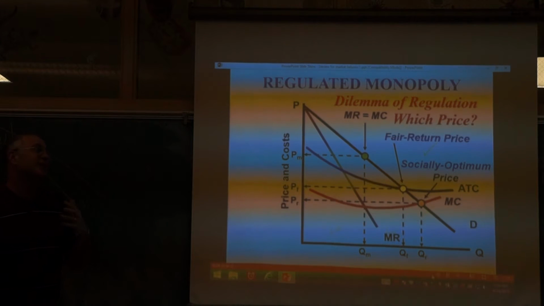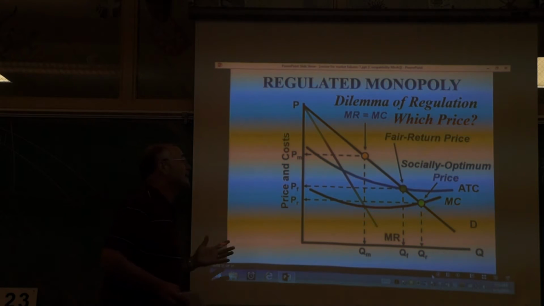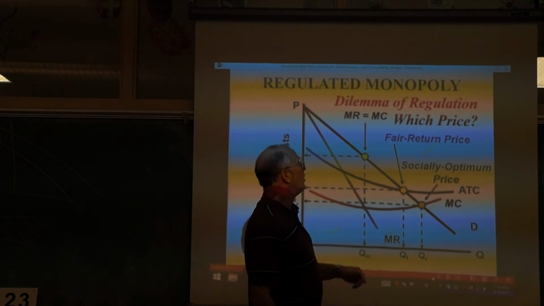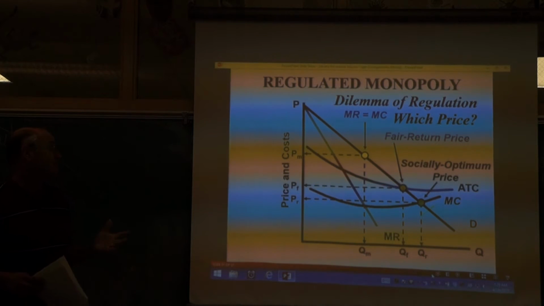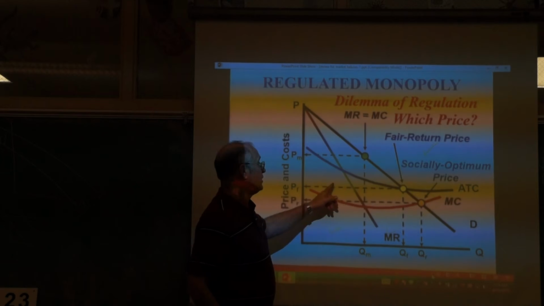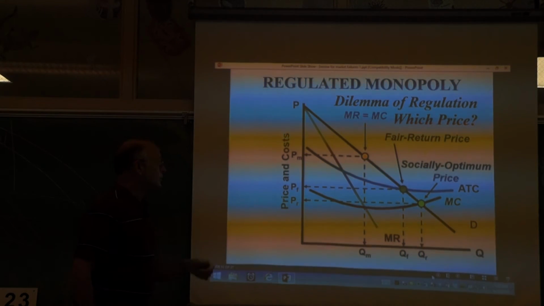So a lot of times they will show you a graph like this and ask you, what is the quantity at socially optimum? And you look at QR. Or they could ask you what is the profit at fair return, or where is fair return, and that's just where ATC crosses.